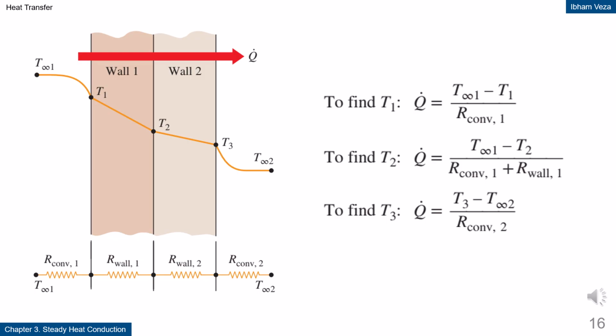For T2, the relation Q equals (T infinity 1 minus T2) divided by (R convect 1 plus R wall 1) is applied. For T3, the relation Q equals (T3 minus T infinity 2) divided by R convect 2 is used. This approach shows how internal temperatures can be determined systematically.